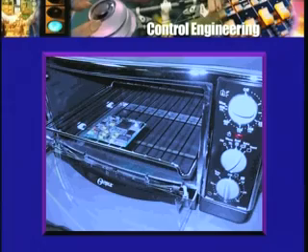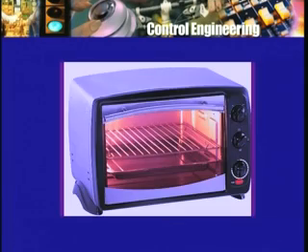You may have an oven in the kitchen where you will set the temperature. You want to bake something, or you want to toast your bread. You may want to set a particular temperature, and then again automatically some action will take place.